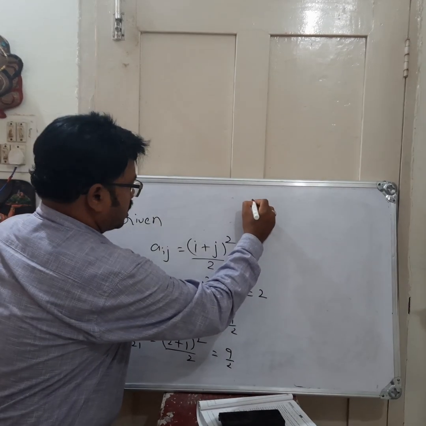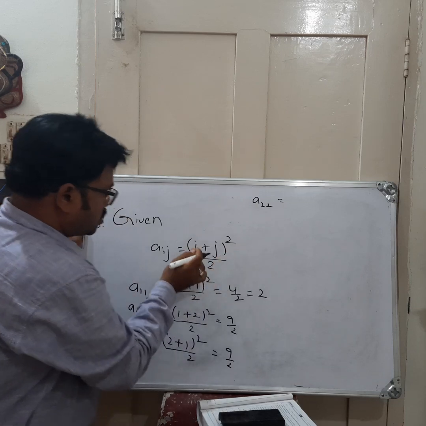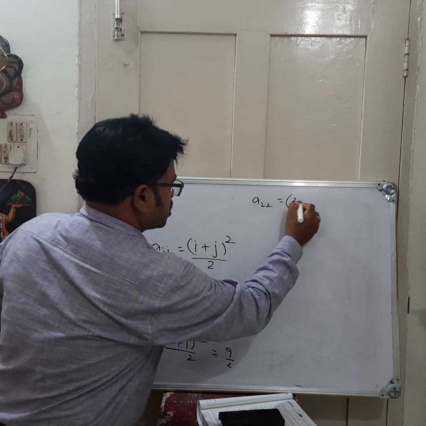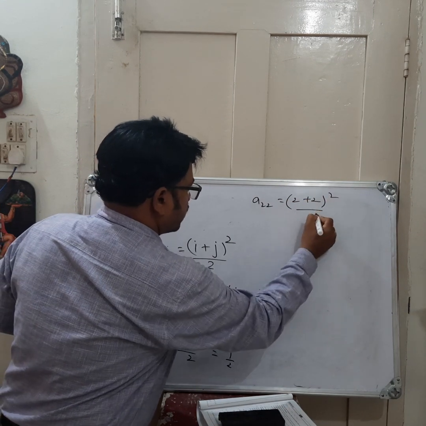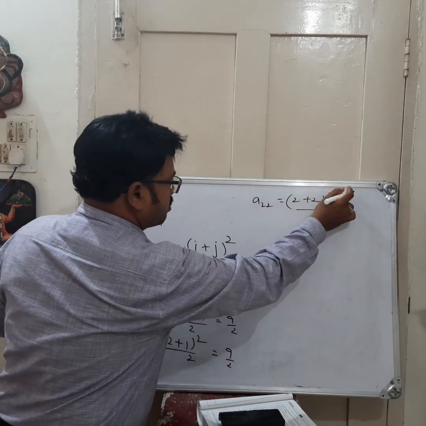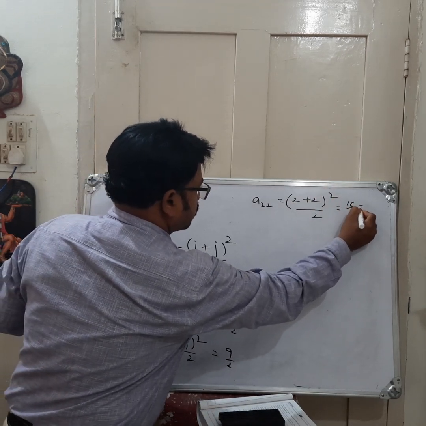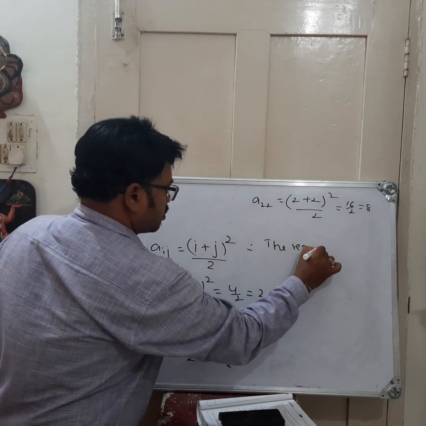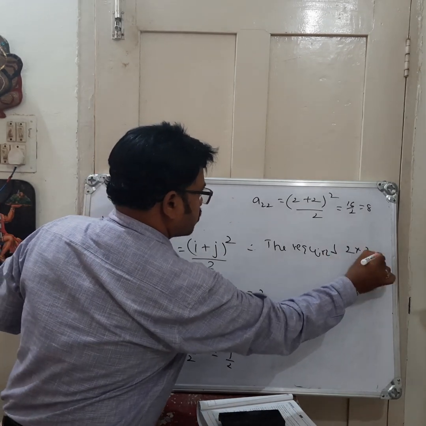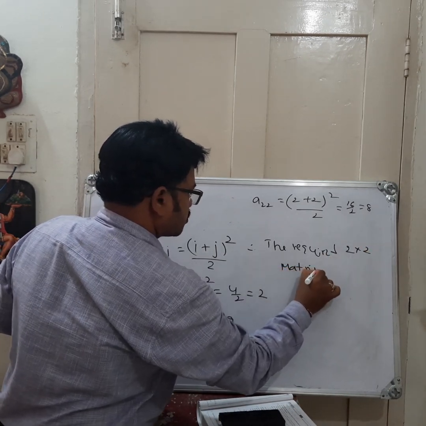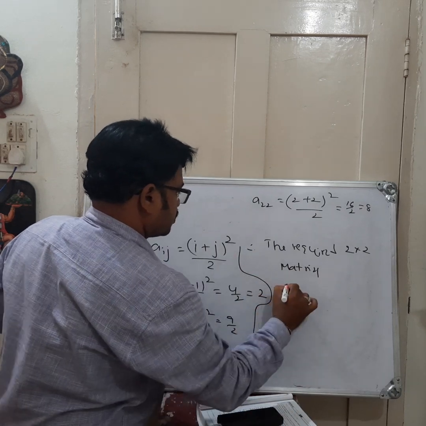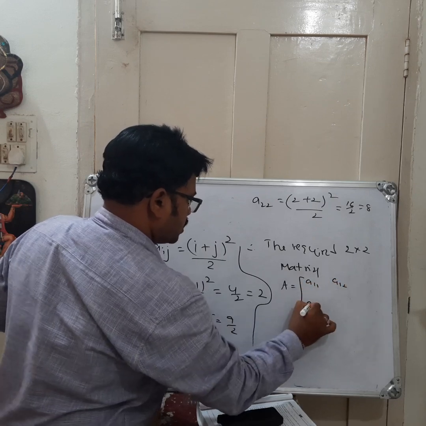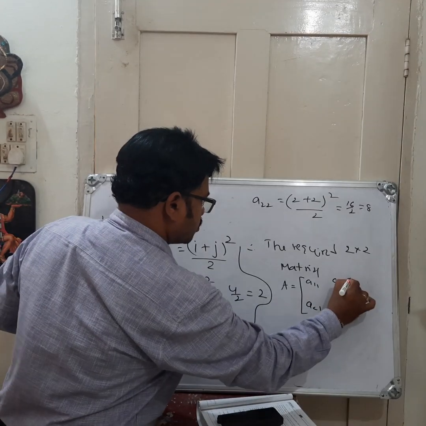And next, the last element is A22. Substitute i value equal to 2 and j value equal to 2. This value is (2 plus 2) whole square divided by 2. 2 plus 2 is 4, 4 square means 16. 16 by 2, the value is 8. Therefore, the required 2 by 2 matrix A equal to A11, A12, A21, A22.